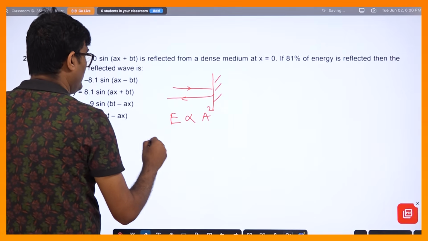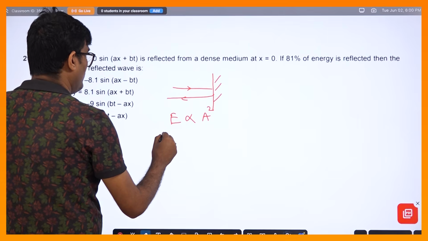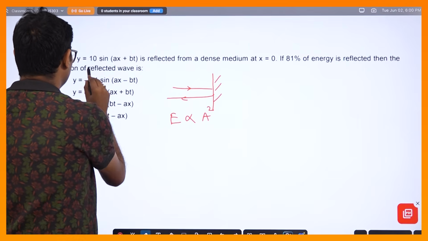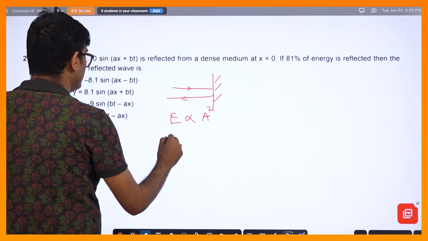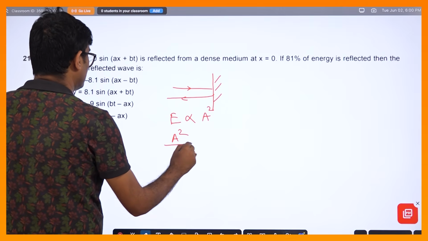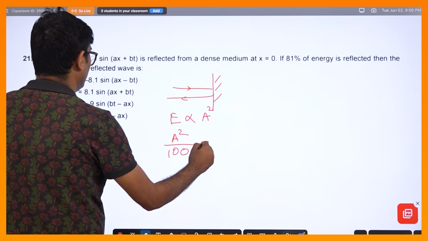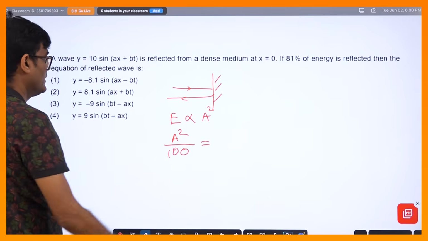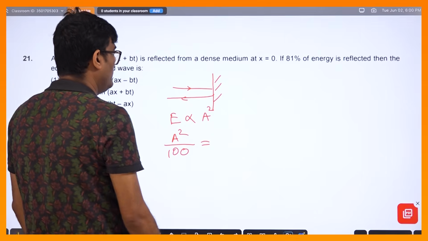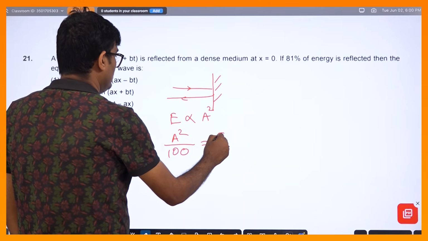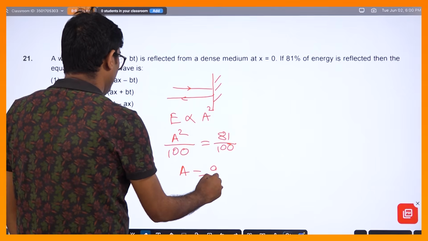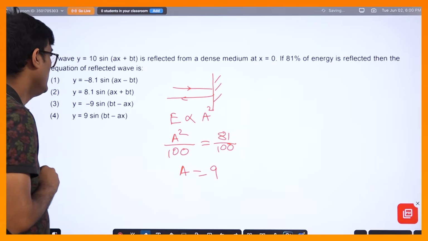So if 81% of the energy is reflected back, and the initial amplitude was 10 and the final amplitude is A, then A square by 10 square is equal to 81% of the energy, that means 81 by 100. So the value of A will be 9, right?